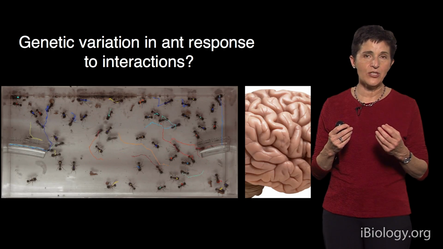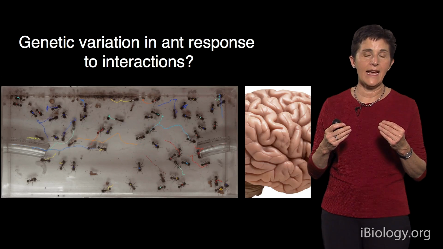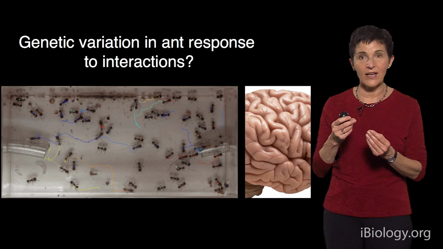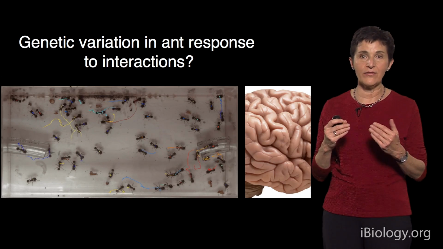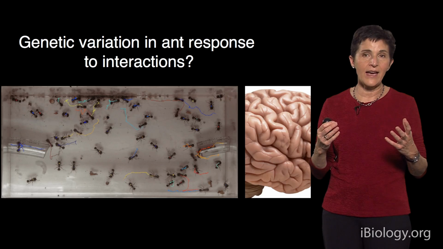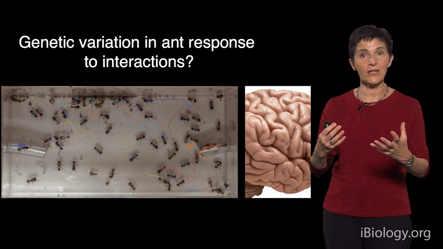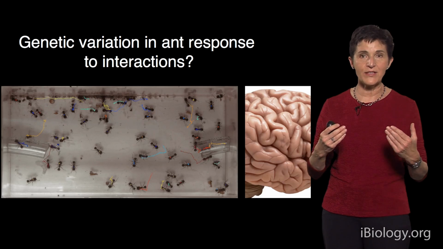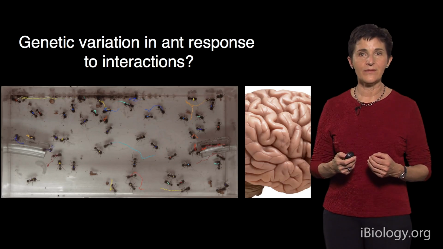Perhaps colonies in which the decay rate of an ant's response to interactions is very high, so that it takes a lot of interactions to accumulate enough to push it over the threshold to forage. Maybe a colony like that is likely to have offspring colonies that are also behaving that way. And this is what we're going to be looking for.